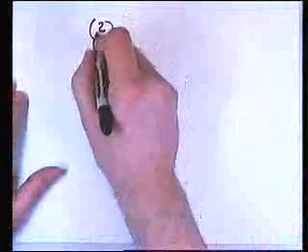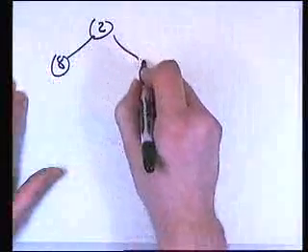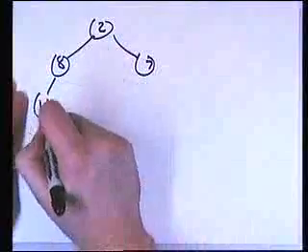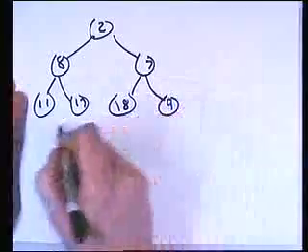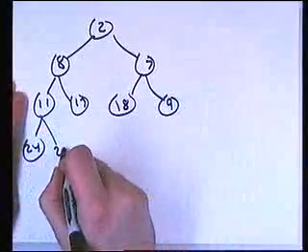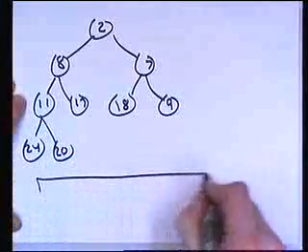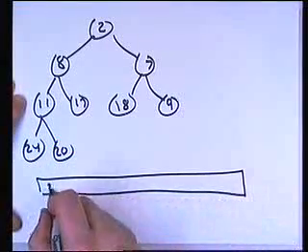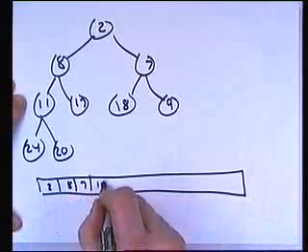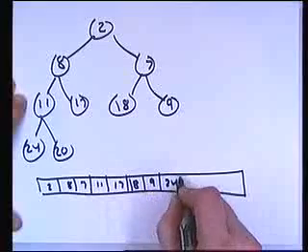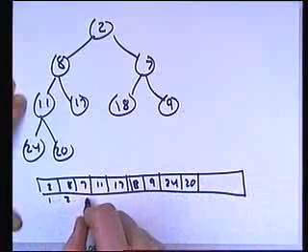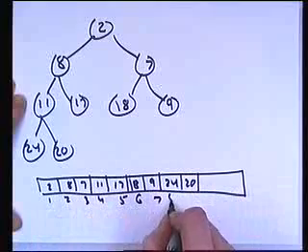I'm going to quickly resketch that tree because I want to keep the slide for Charles to scan in. If we have here 2, 8, 7, 11, 17, 18, 9, 24, 20, and here we have an array: 2, 8, 7, 11, 17, 18, 9, 24, 20, indexed 1 through 9.